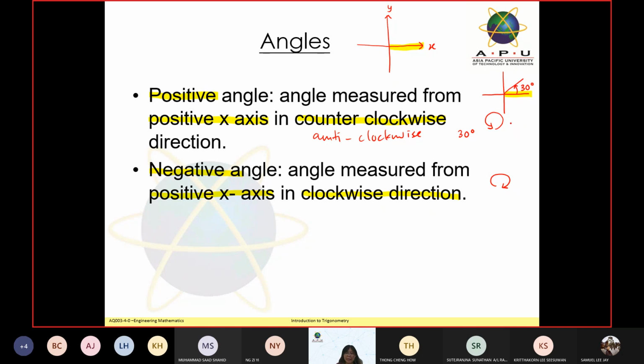How about other angles? Let's say we have positive 150. That means again we start from here until here, just roughly. Then let's say 190, it might be up to here.